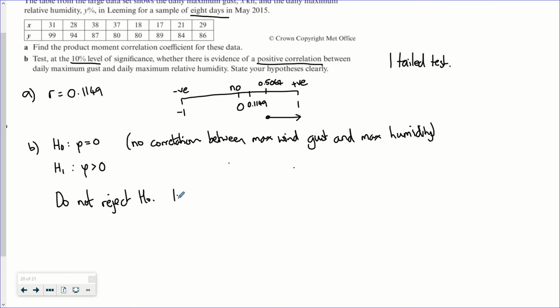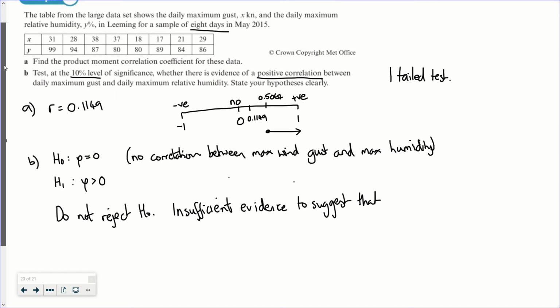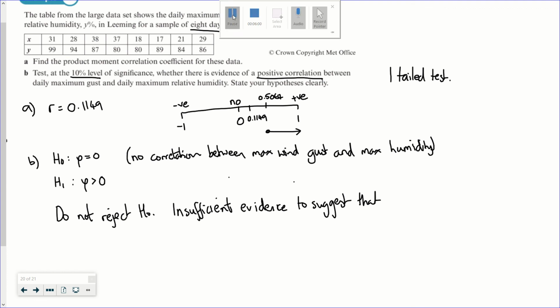And there's insufficient evidence to suggest that the data, and I'm not just going to write data, I'm going to write it in the context of the question, to suggest that maximum humidity and maximum wind gust are positively correlated.